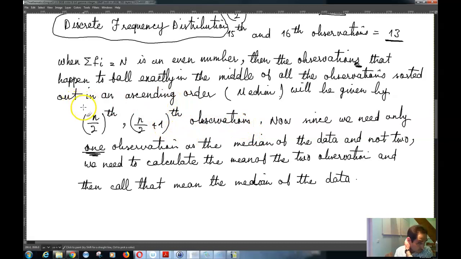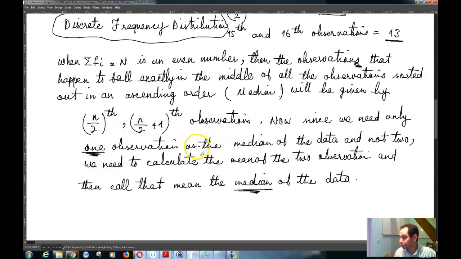So in order to solve that problem, statisticians and mathematicians have agreed upon taking the 2 observations and finding the mean of those 2 observations. The mean of those 2 observations will be called the median of the data, which will then be one single number.